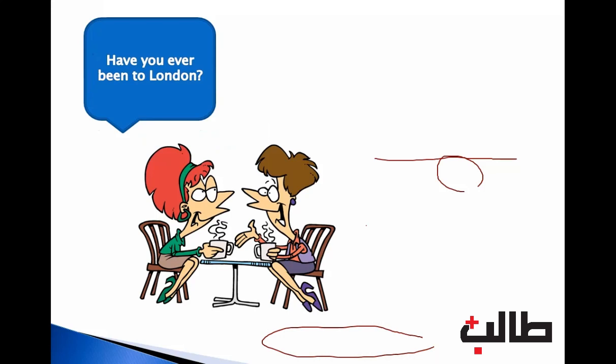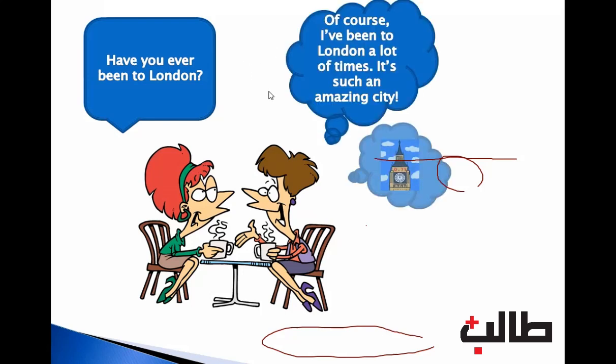Have you ever been to London? And this is also a past experience. ممكن استخدمها عشان تكون past experience. فالانسر هنا هتكون of course I have been to London a lot of times. It's such an amazing city. Let me ask you about your past experience before we finish this session.